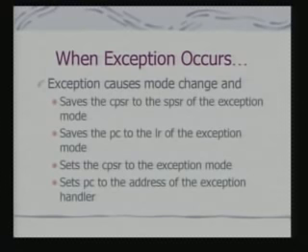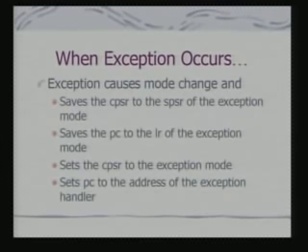So, along with the mode change, what else happens? The core saves the CPSR, that is the current status register, to the SPSR of the exception mode, that is the saved registers.